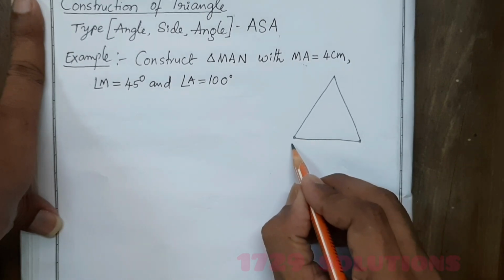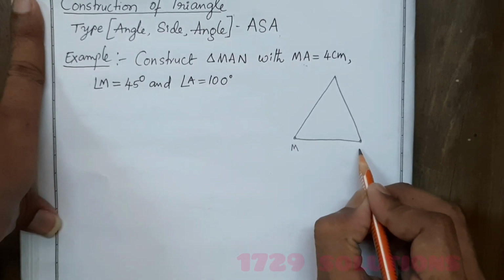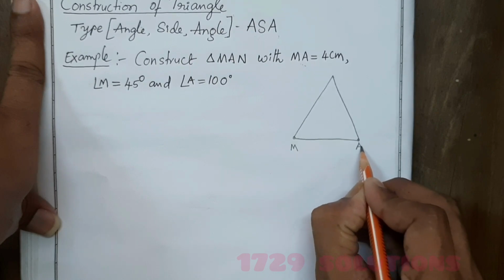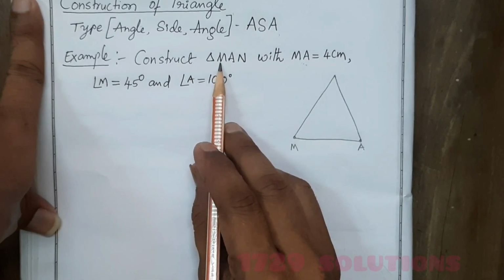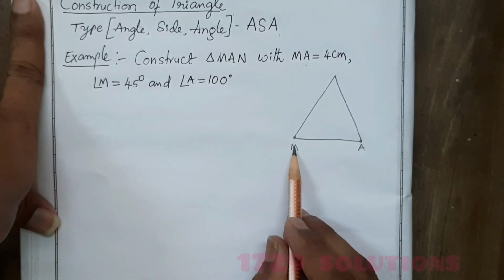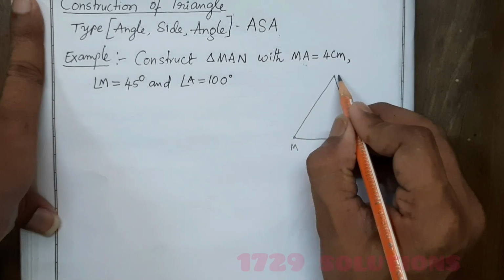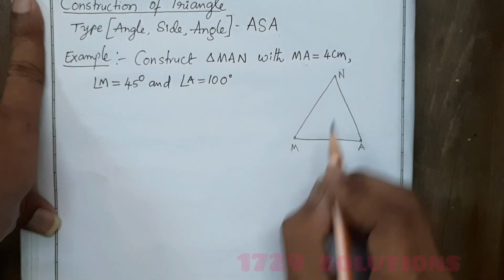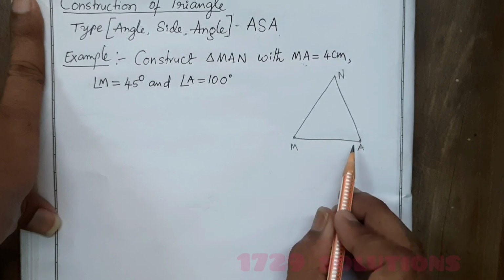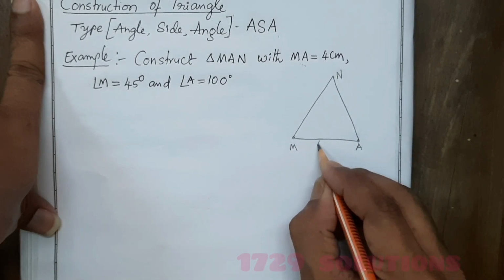So take base M and A of how many centimeters? 4 centimeters. Another point, the vertex, is N. So what is the length of MA? 4 centimeters.